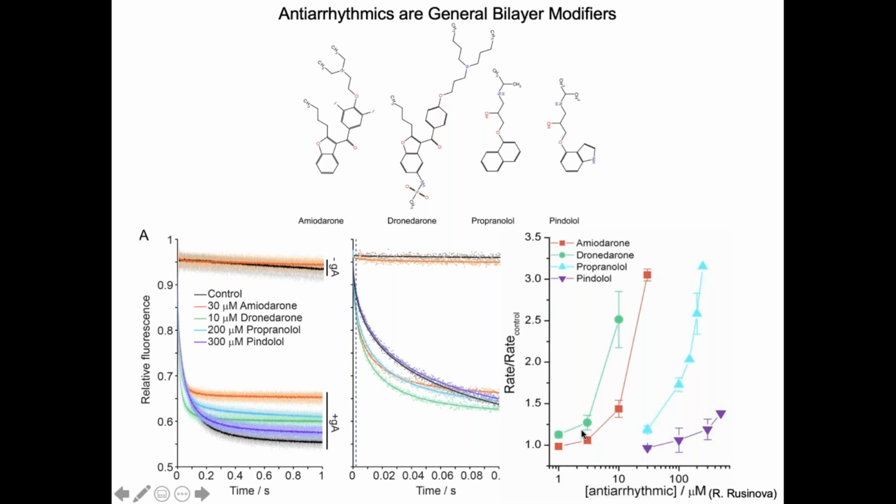That allows us to conclude that some molecules, particularly amiodarone, and maybe dronedarone, really may involve a bilayer-mediated effect in their desired clinical activity, whereas propranolol and pindolol are likely to act by mechanisms that do not involve the bilayer.